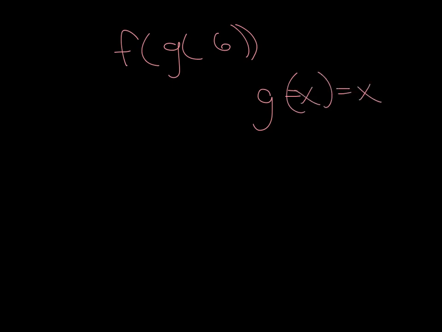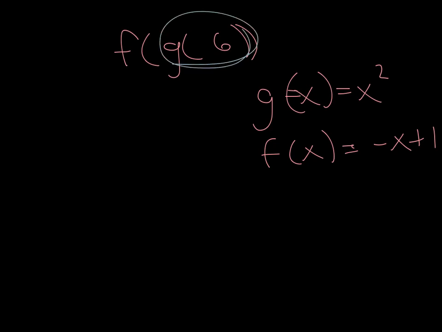Be able to do compositions with numbers too. So if you have to do f of g of 6, and g of x is equal to x squared, and f of x is equal to negative x plus 1, what you're going to do is take g of 6 and plug it in right here.